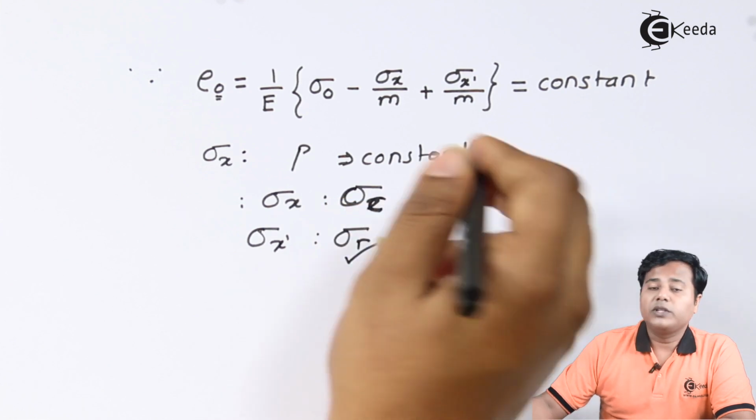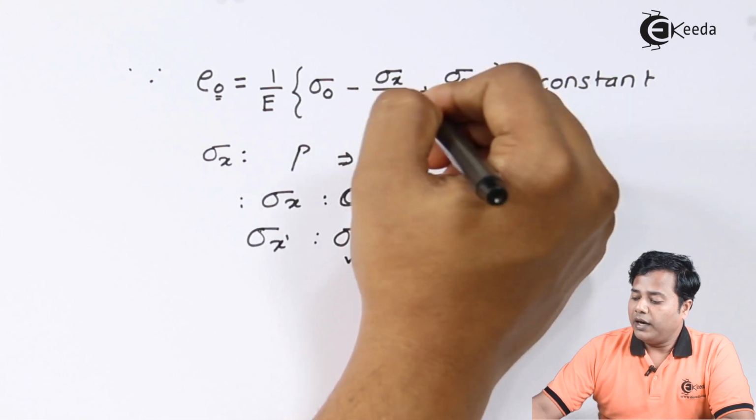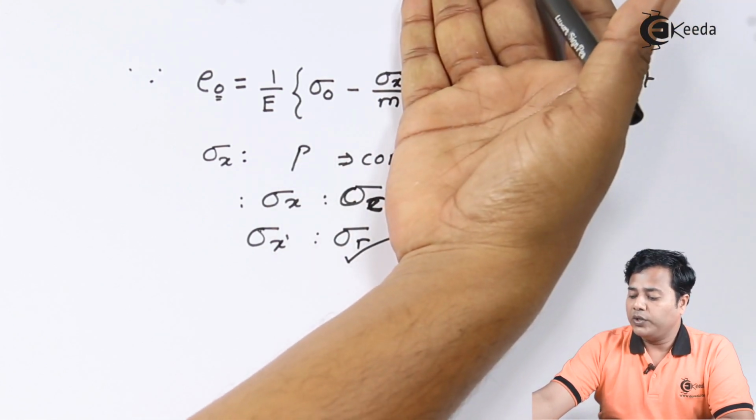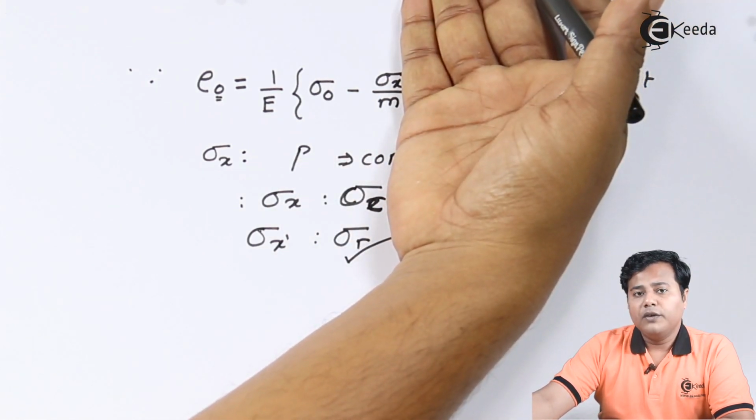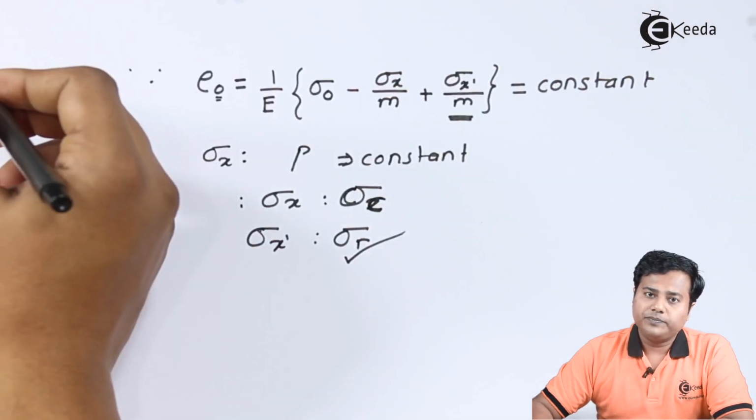So that's why we are going to consider this particular component. Earlier we used to have the equation only up to this for the thin cylinders. In this case this is just an additional term.